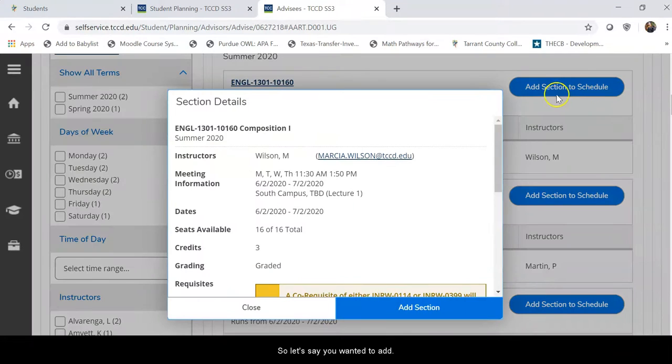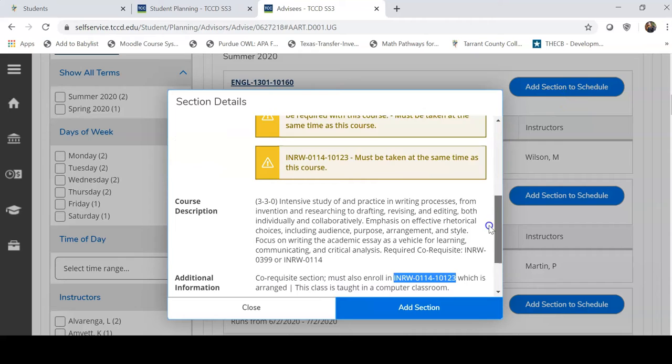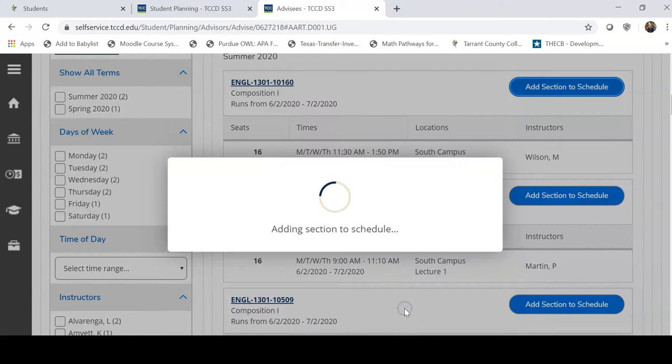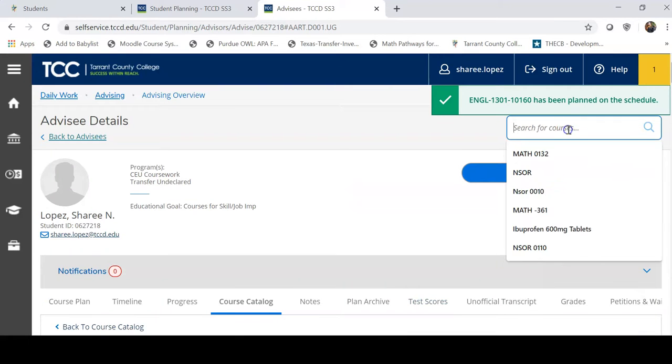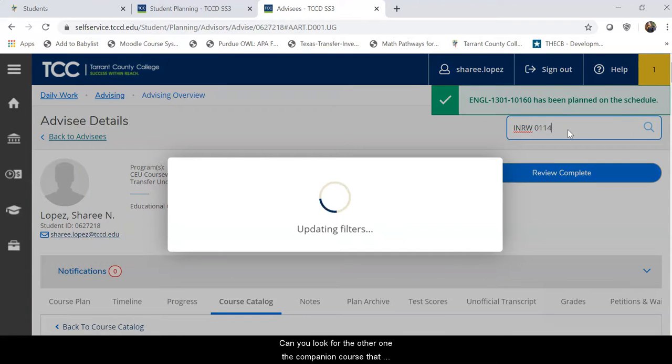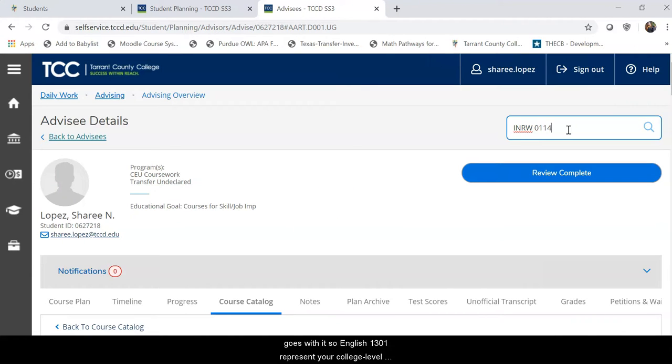So let's say you wanted to add that class. So you just click that. And then you look for the other one, the companion course that goes with it. So English 1301 represents your college level class.